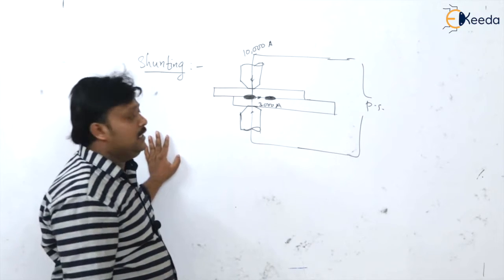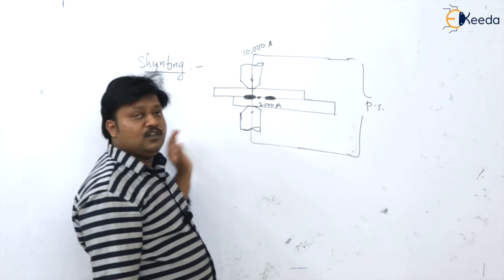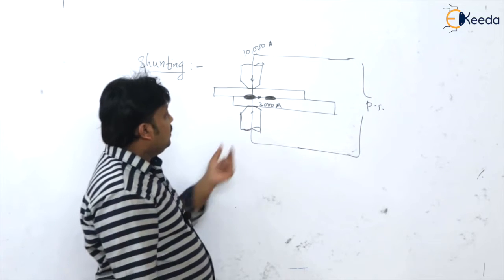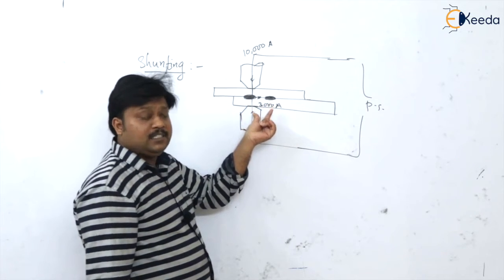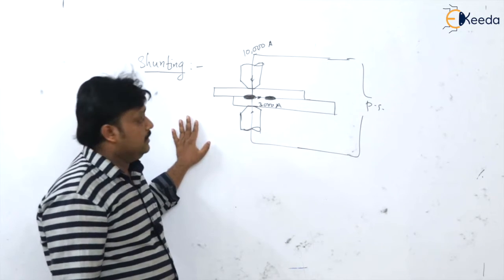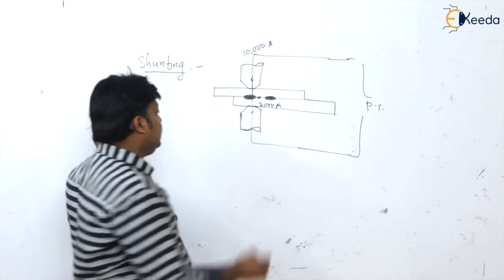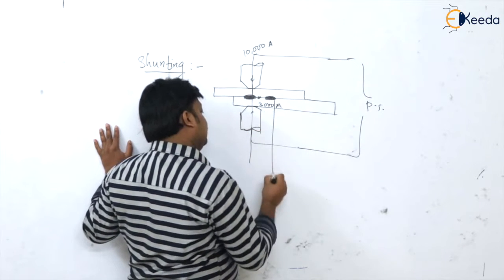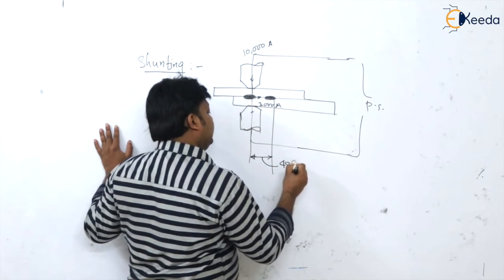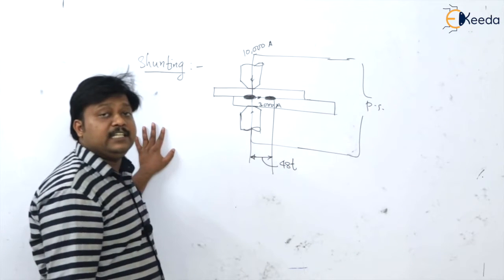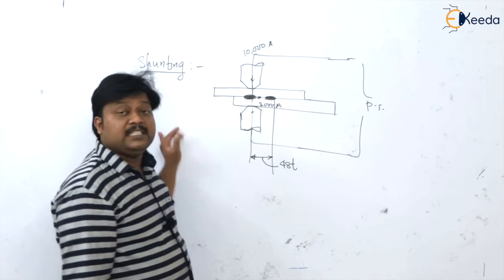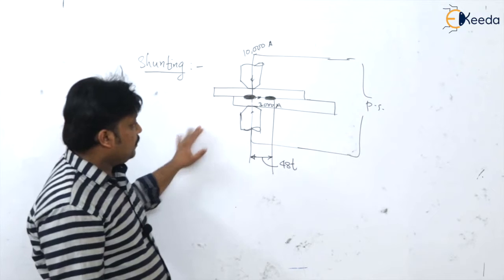That is known as the shunting of electricity. So to minimize the shunting of current in spot welding, what are we doing? We are keeping the optimum distance between the two spots so that this bypassing of the current can be eliminated. Please remember that the distance between the two spots is kept as 48 times the thickness of the sheet. 48 times the thickness of the sheet is the spacing between the two electrodes.